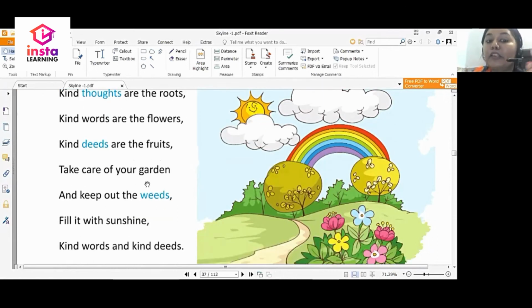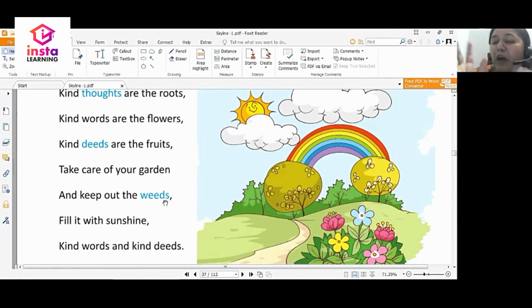Then the poet says you need to take care of your garden. What is the garden here? Your heart. So the poet says take care of your kind heart and always keep out the weeds. Weeds are those wild plants which destroy the beauty of a garden.